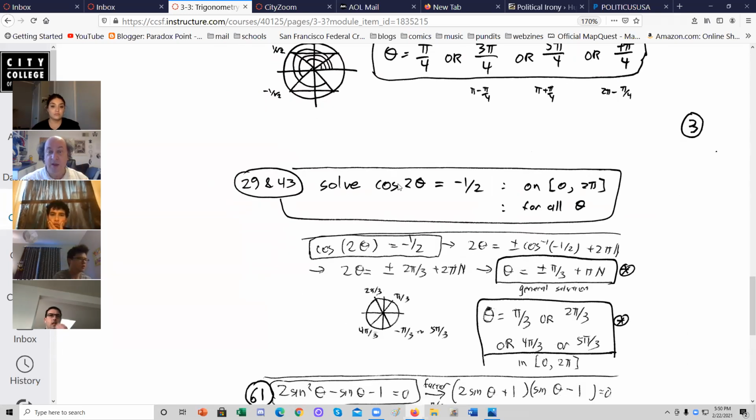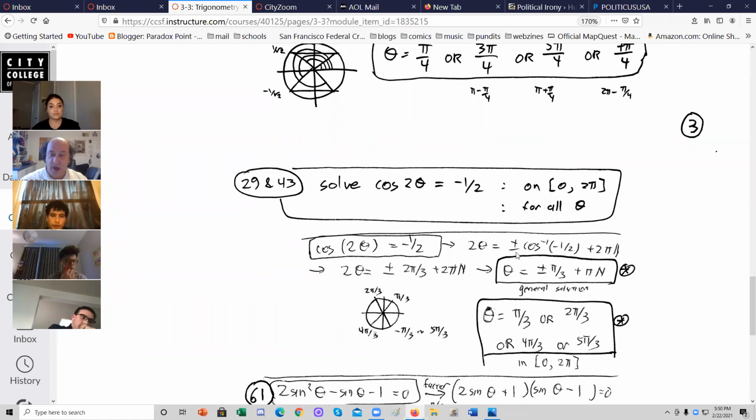Now here we have solve cosine theta equals negative 1/2. First solve it on the unit circle, and then give all possible solutions, including wraparound solutions. So here we're going to add the 2 pi in. Cosine 2 theta is minus 1/2. So 2 theta is, well, plus or minus arc cosine negative 1/2 plus 2 pi n.